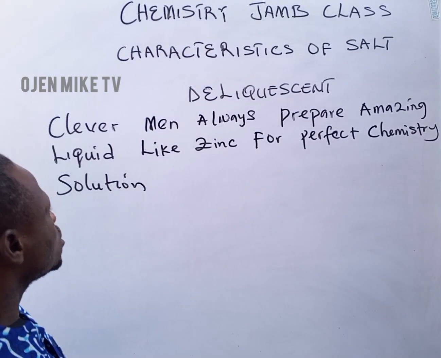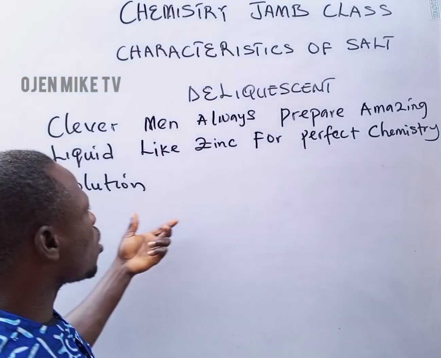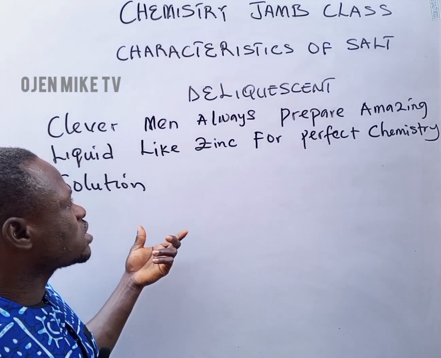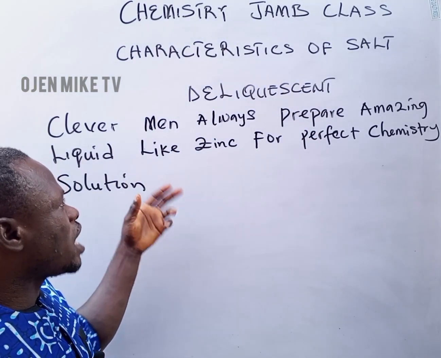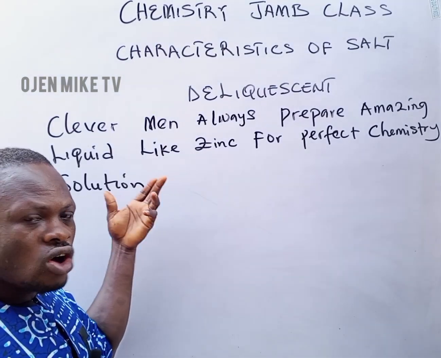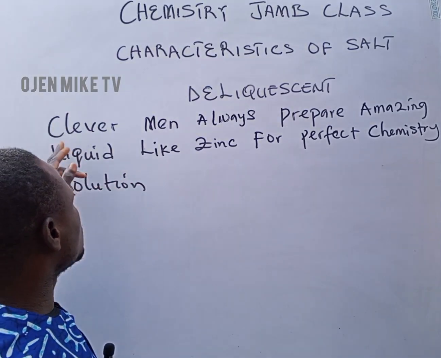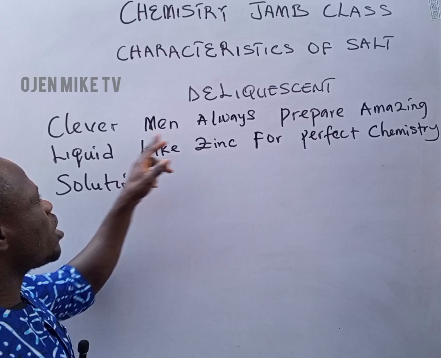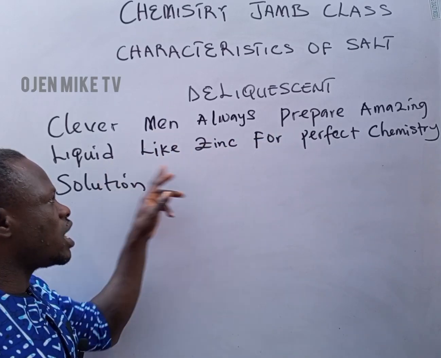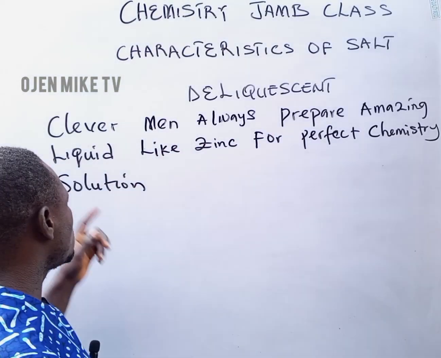So this is a simple trick you can use to remember all the salts that are deliquescent. You get that? For all the substances that are deliquescent, you use this acronym. Clever men always prepare amazing liquid like zinc for perfect chemistry solution.